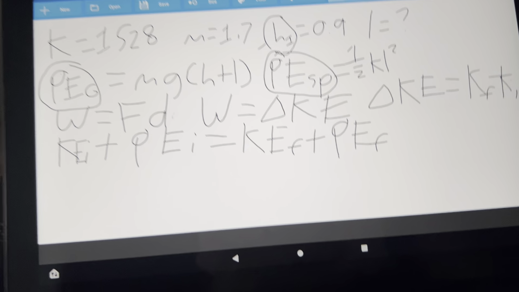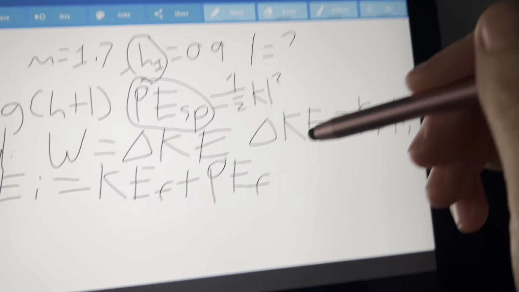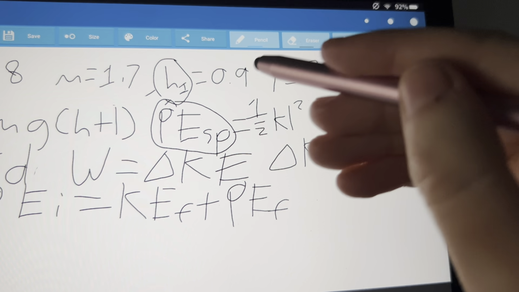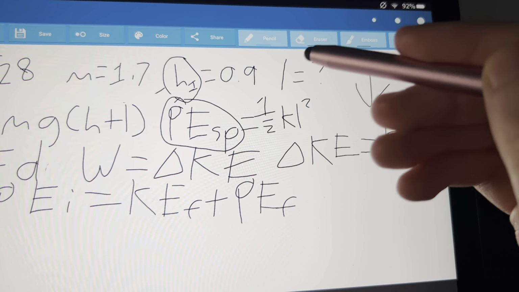So in this case, since the book is falling onto the spring, that means the gravitational potential energy is the initial potential energy, and the potential energy due to the spring force is the final potential energy.